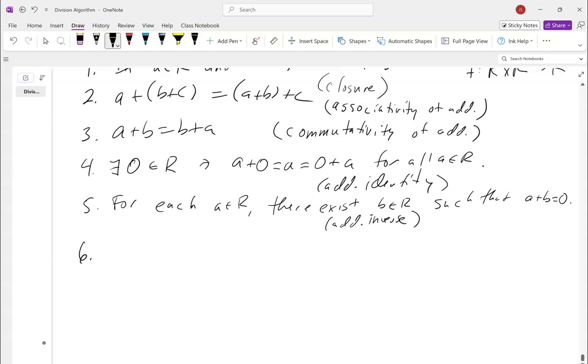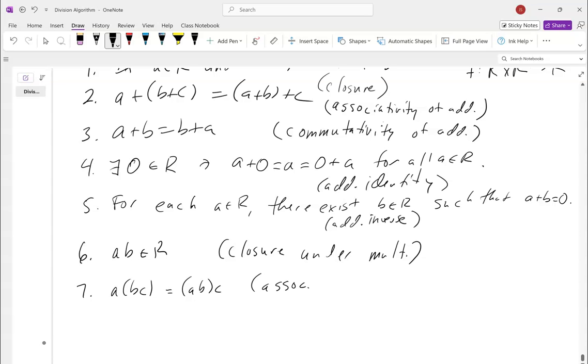The 6th one says that A times B is back in R again. This is closure under multiplication. 7 says your multiplication is associative. I just said the wrong word. And then 8 is the my operations play nice with each other axiom.